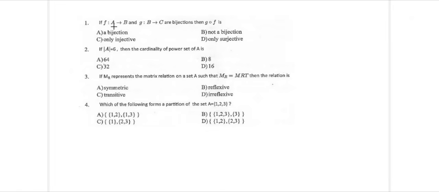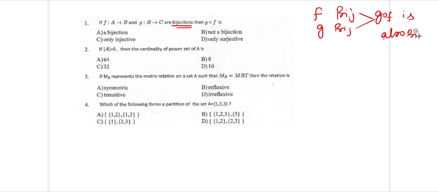If f is a function from A to B, and g is from B to C, and both are bijective, so F is going to be bijective and G is also going to be bijective, then G composition F, which is the combination of both, is also bijective.